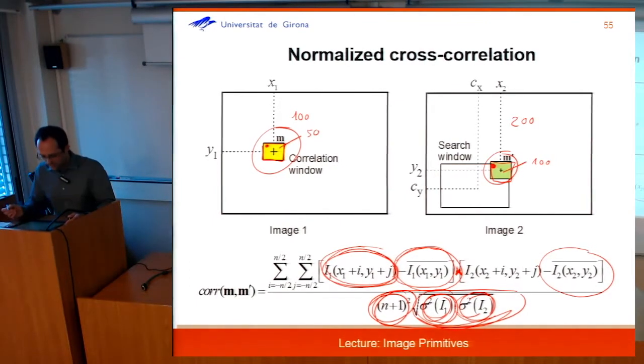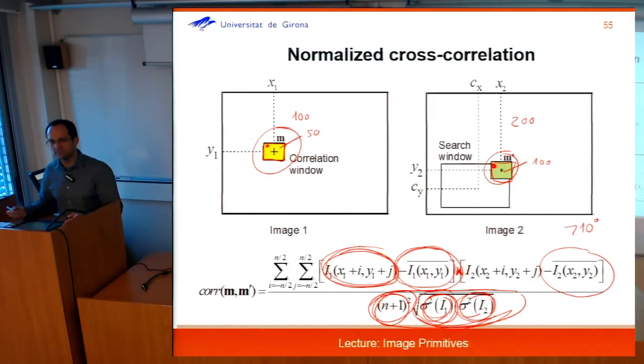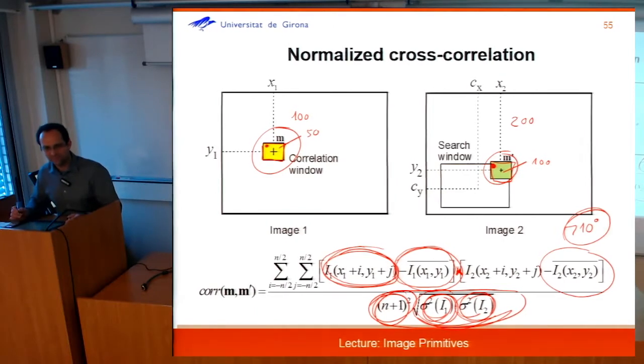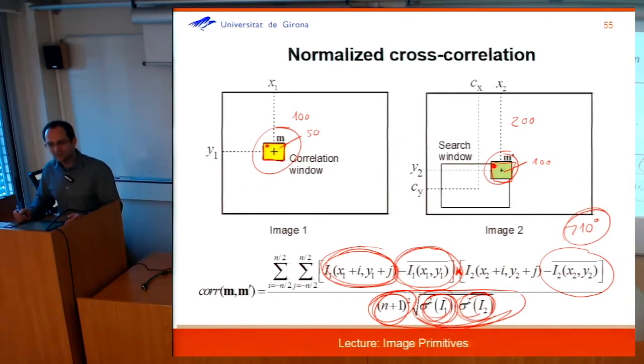No. I mean, if you have rotations larger than, I would say 10 degrees is very optimistic already, but 5 degrees are still okay. 10 degrees, you're in quite a lot of trouble already. Is it going to work if I have a change in scale? It's not going to work, because I'm looking at a different patch if I have a change in scale. So if the camera gets closer and I get another image, it's not going to work.